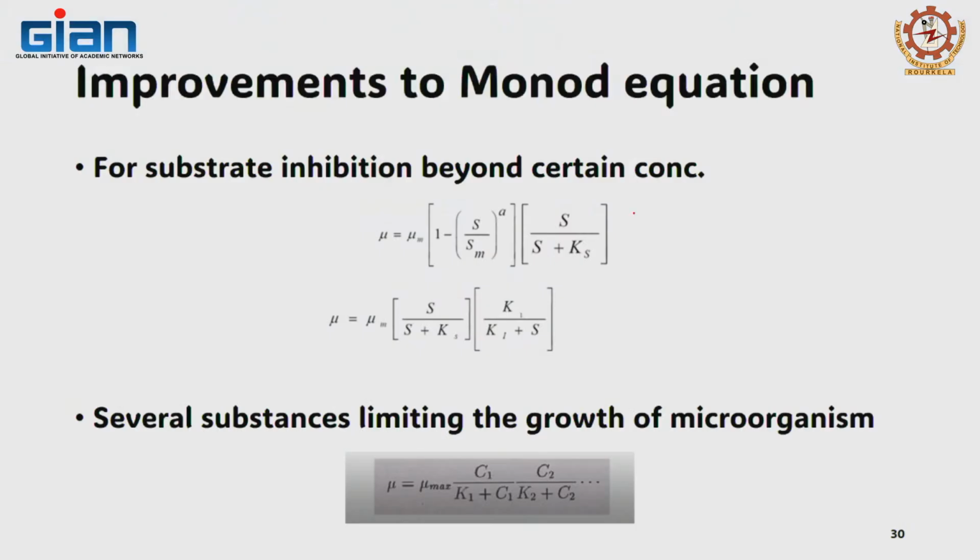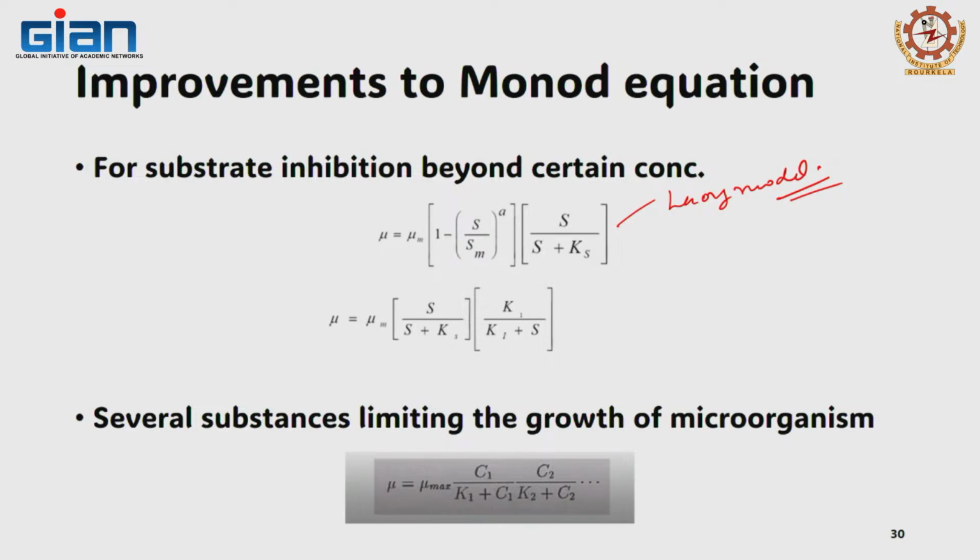So, the Monod equation is with respect to your cell growth, right, cell kinetics. There are different versions of the Monod equation that exist. I think this is your Luong model. This is to represent the substrate inhibition.